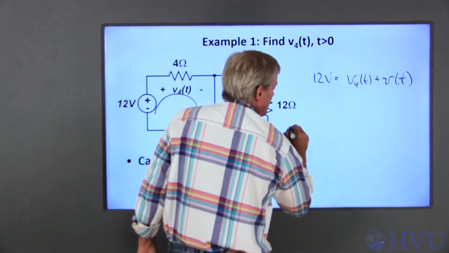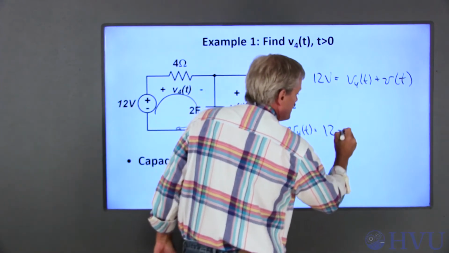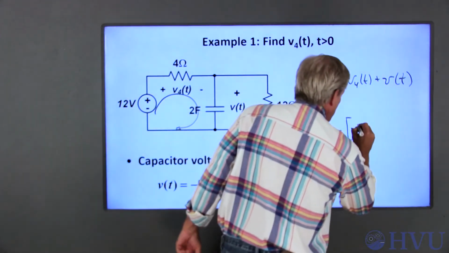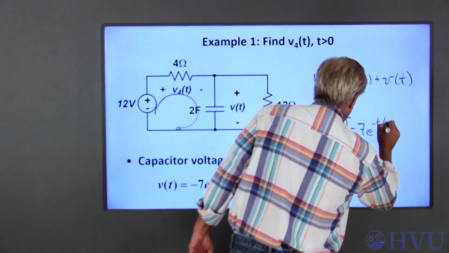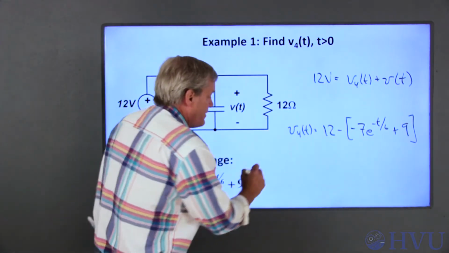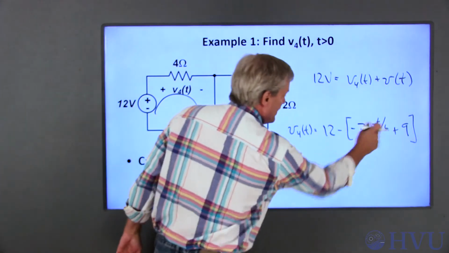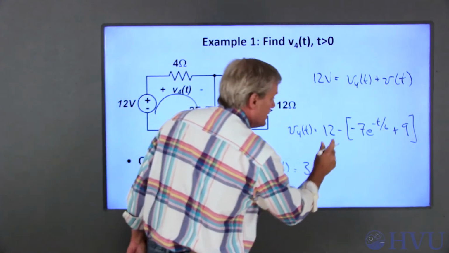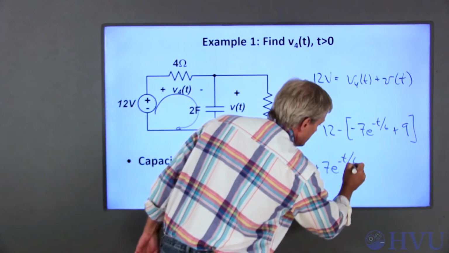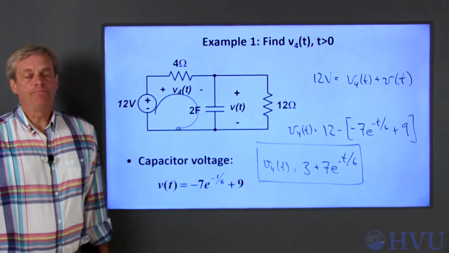So solving for V4, V4(t) is equal to 12 volts minus this expression v(t), negative 7 e to the minus t over 6 plus 9. Solving for this, V4(t) is equal to 12 minus 9, which is 3 volts, minus a minus 7, which is plus 7 e to the minus t over 6. And there's my 4 ohm resistor voltage difference.